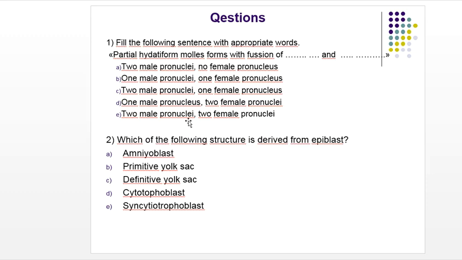Now we have one conclusion about the second week. The second week of development is known as the week of twos. What does it mean? It means that everything formed in this week has two layers. For example, the trophoblast differentiates into two layers, the cytotrophoblast and the syncytiotrophoblast.